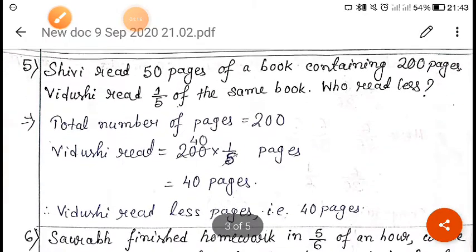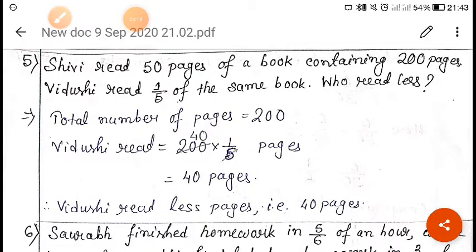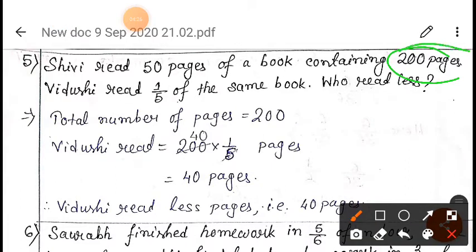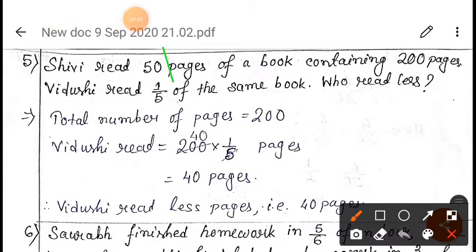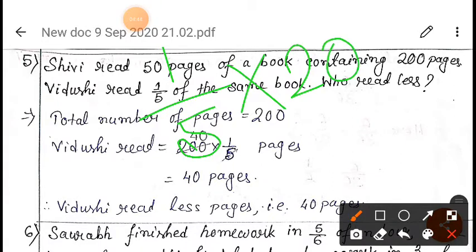Now next, CV read 50 pages of a book containing 200 pages. Vidishi has read 1 by 5th of the same book. 1 by 5th of 200 means, when you cancel, you get 40.